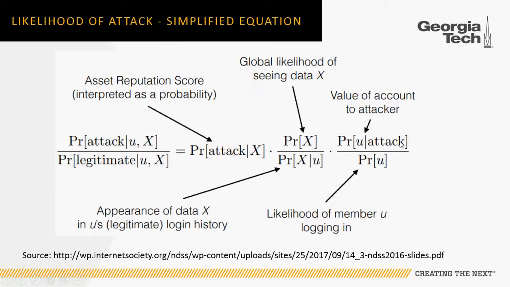This part, the likelihood of user to be an attack, you can interpret as the value of account to attackers. If the value is bigger, then it's more likely to be an attack. The bottom is the likelihood of member U login, and if it's larger, that means it's more likely to be legal.